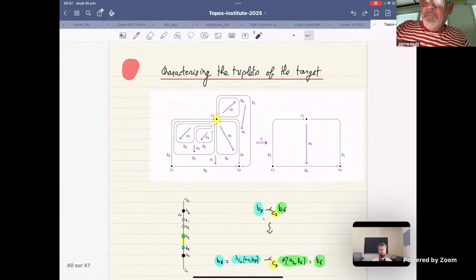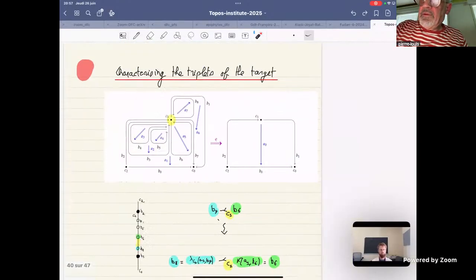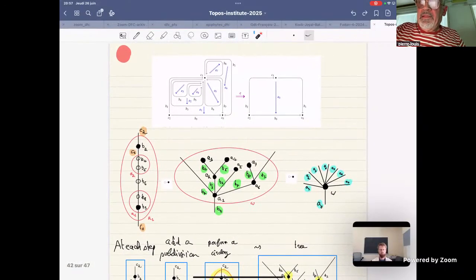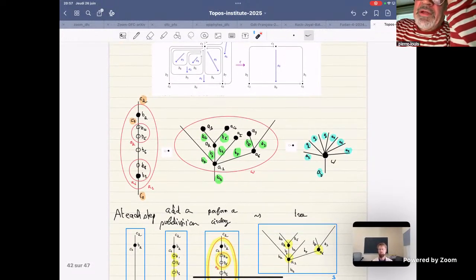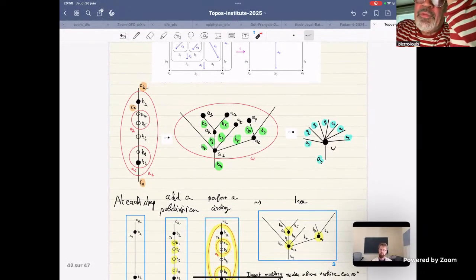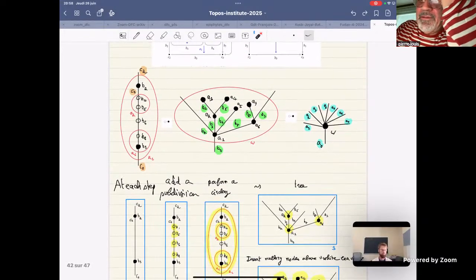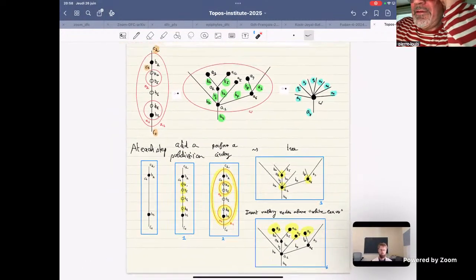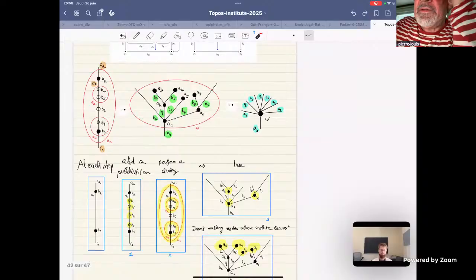I will skip this, but for example, in designing the zoom complexes, in the picture, we also have these white nodes, so they are trees with subdivision that play a role in the final exact definition of Opetopes.